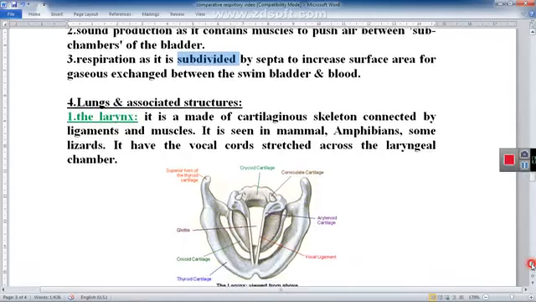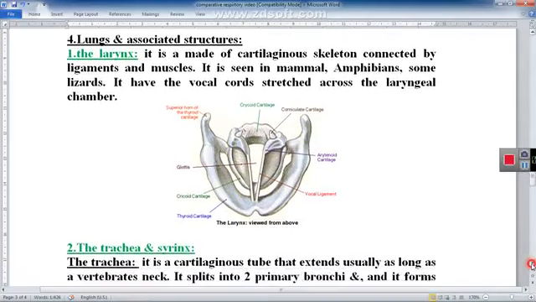The last modification, which is found in mammals, including humans, is the lung, and there are some structures that are associated with the lung. The first of the organs that is associated with the lung is the larynx, and I think everybody knows that the larynx in a human and in mammals is made of a cartilaginous skeleton that is connected by muscles and ligaments.